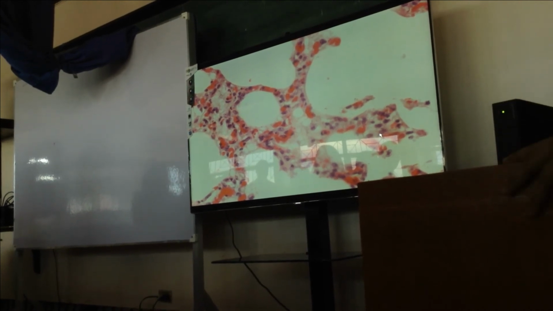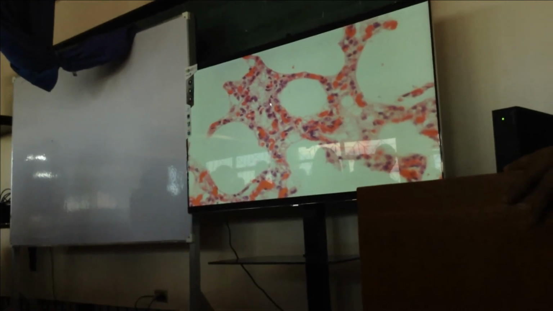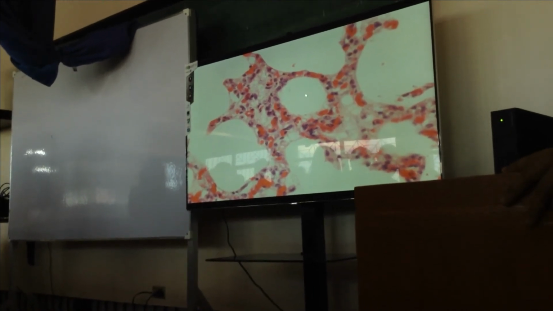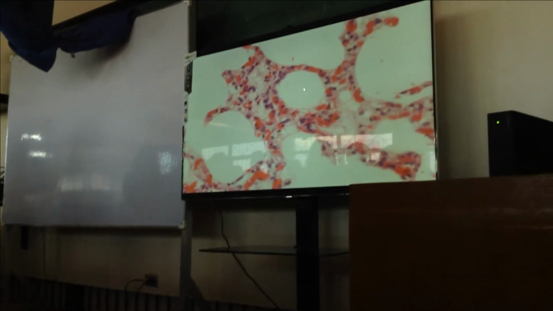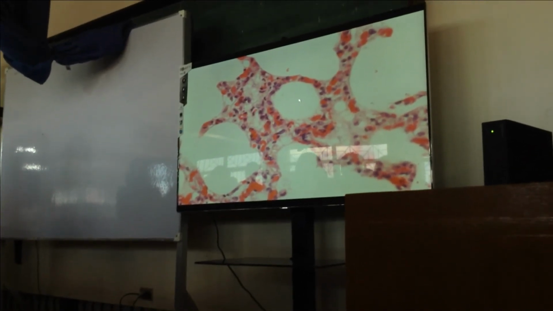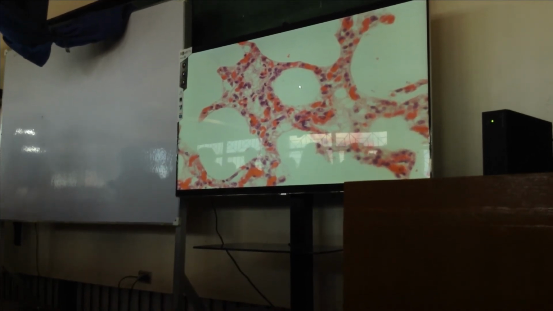In this lung, the inflammation is noted within the interstitium and not inside the alveolar spaces. So we should diagnose this disease as interstitial pneumonia. Interstitial pneumonia. Slide number 62.